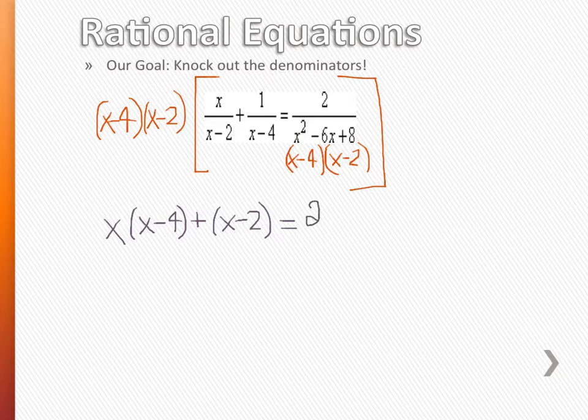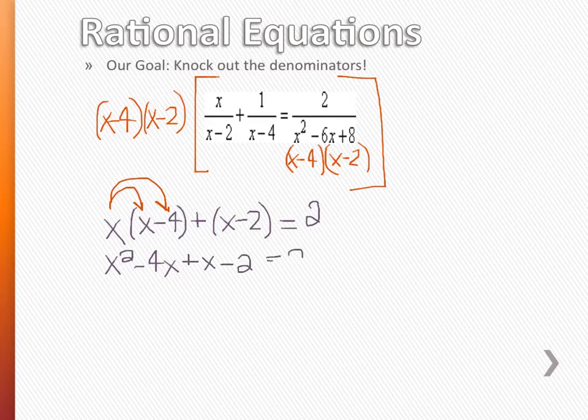Now we want to go ahead and solve for x. Here we can distribute this x through, which would leave us with x squared minus 4x. Now we can rewrite this as plus x minus 2 equals 2.